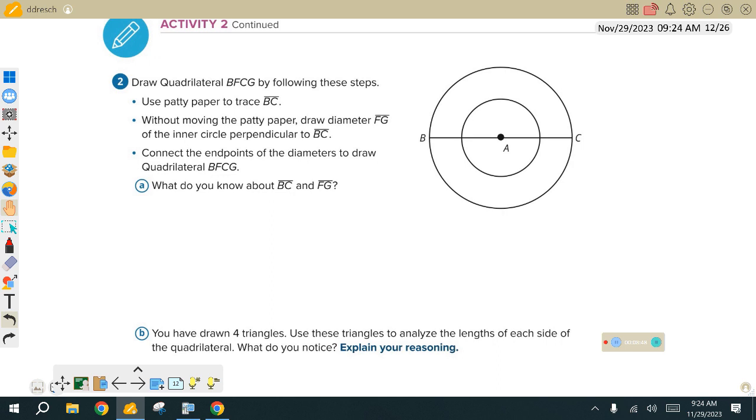We're going to draw that in, and we're only going to connect it on the inner circle. Yesterday we did these concentric circles, and now we're only going to do it on the inner circle.